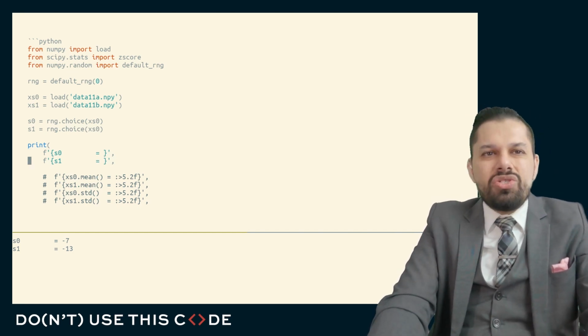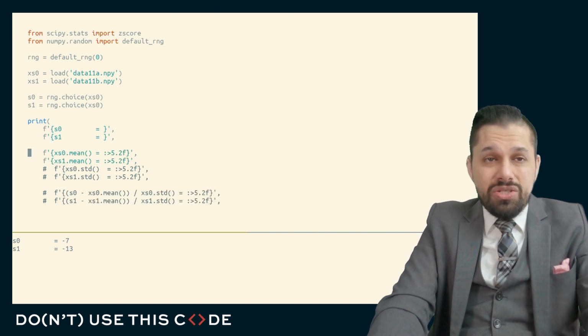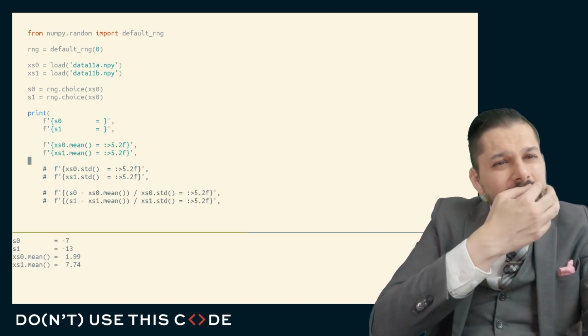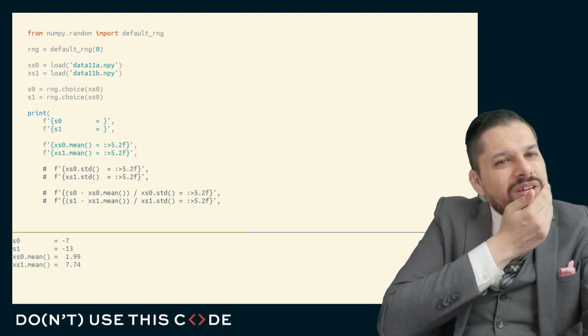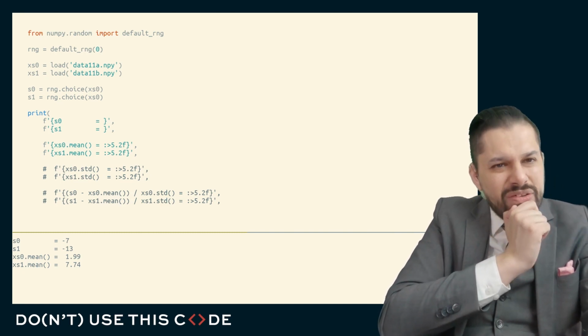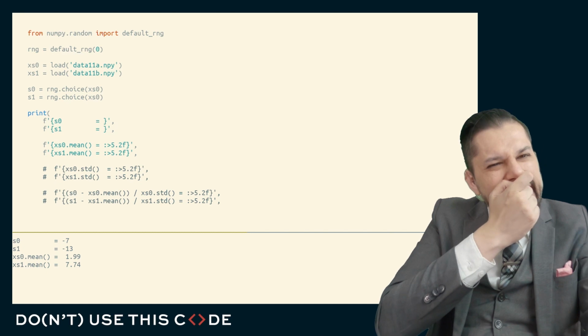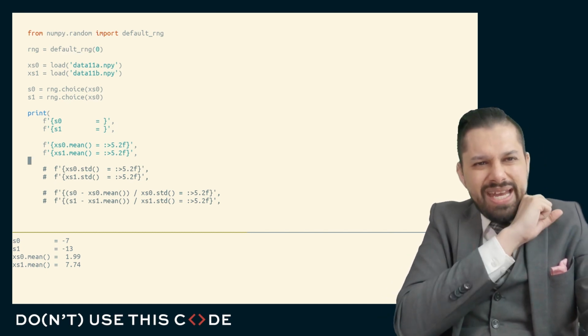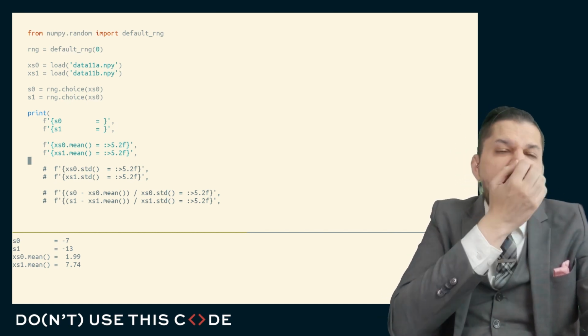It's very difficult to describe. We can compute the mean on these two data sets, and say, well, the mean's about 2 for one of them, so -7 is pretty far away from that 2, and the mean is 7.7 on the other one, and -13 is much further away.